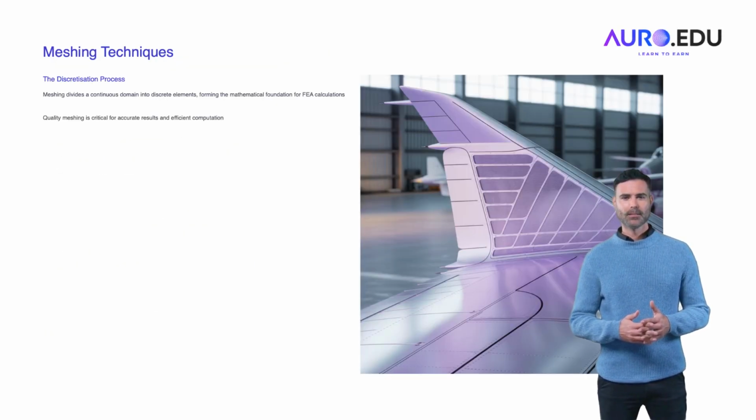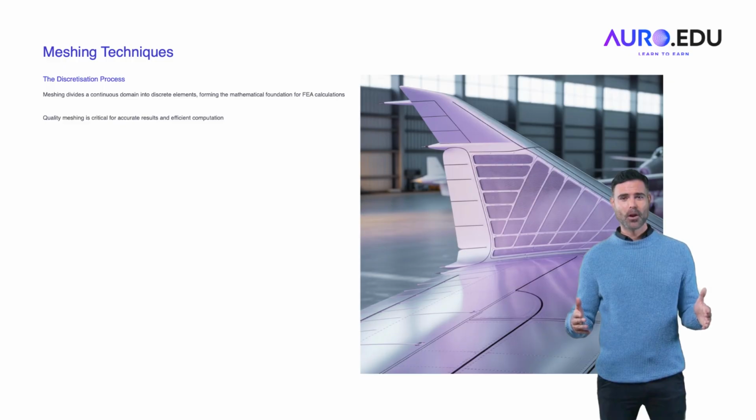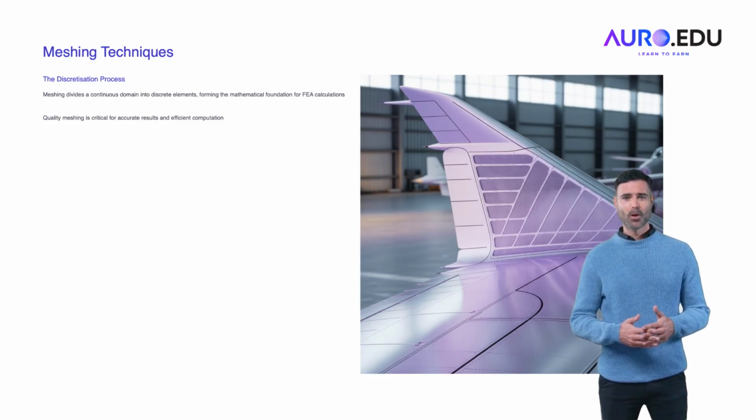Meshing techniques. In FEA, the meshing process is essential for dividing a complex structure into smaller elements that can be analyzed. Meshing involves discretizing the structure into small elements, with each element representing a small portion of the overall structure. A fine mesh is used in areas of high stress or complex geometry, while a coarse mesh can be used in regions with less critical behavior.